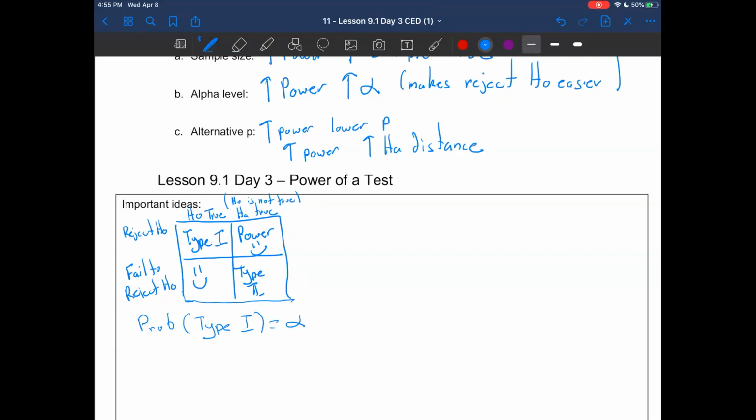The probability of our type 2 error is equal to 1 minus the power.